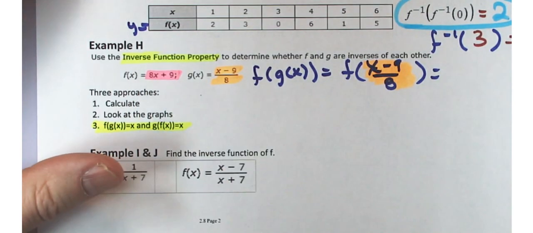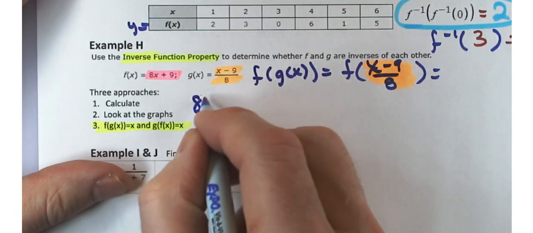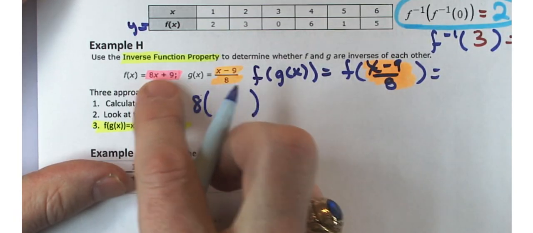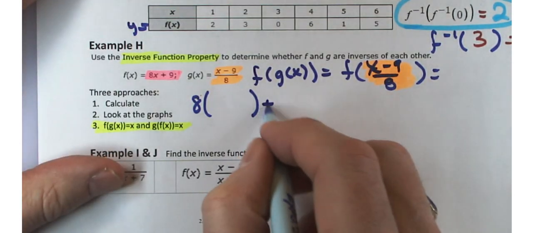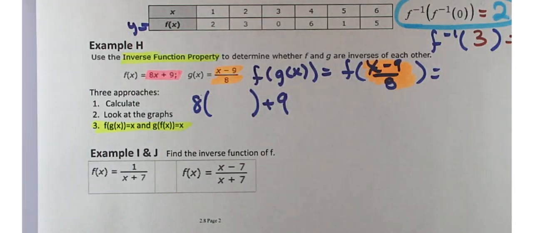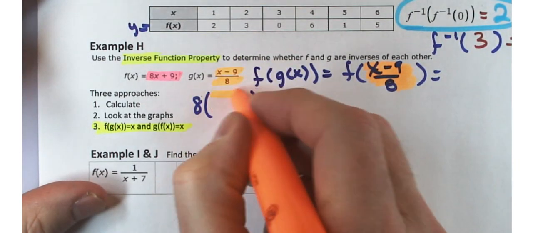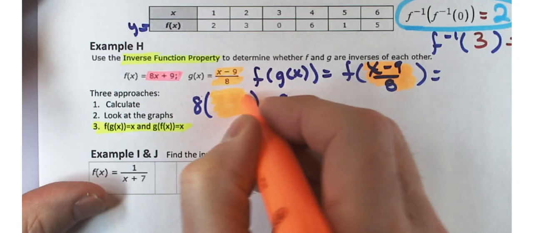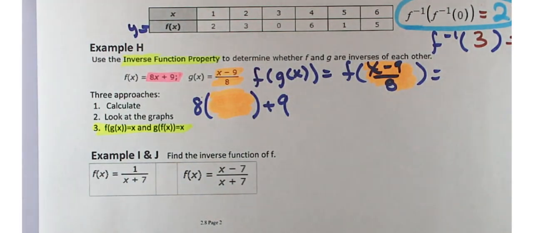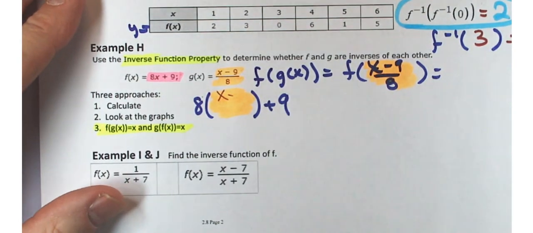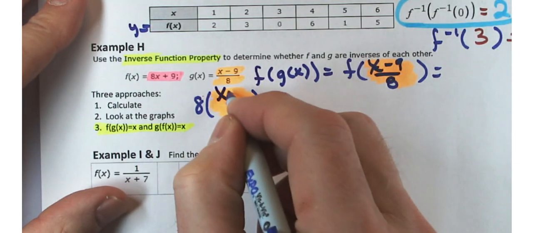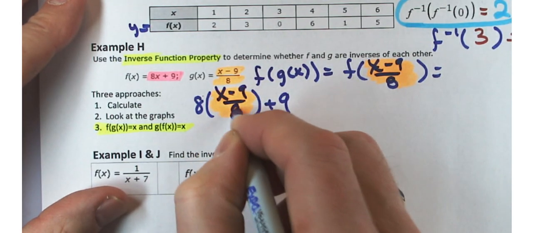Now the function for f of x says, well, whatever you put here, you're going to take and multiply it by 8 and then add 9. So that means that whole expression there comes in here. I'm going to multiply by 8 and then add 9. Let's see if that works out pretty good for us. So it's going to be x minus 9 divided by 8, times 8, plus 9.